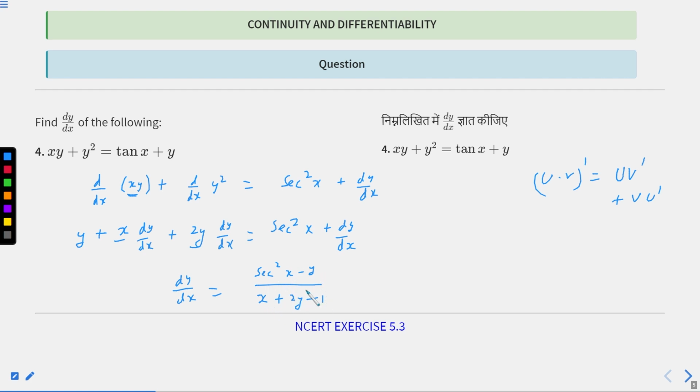Sorry, this will be minus and this will be plus. You will get this as the derivative of the implicit function in question 4.